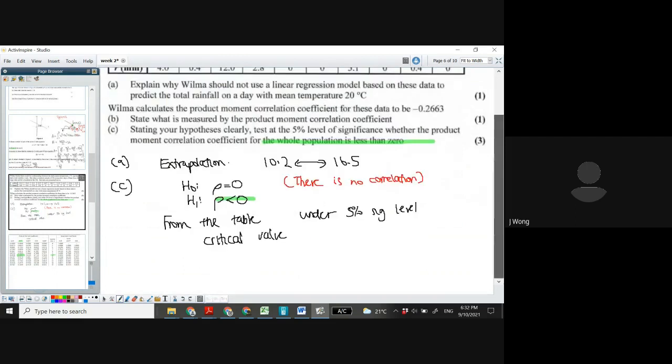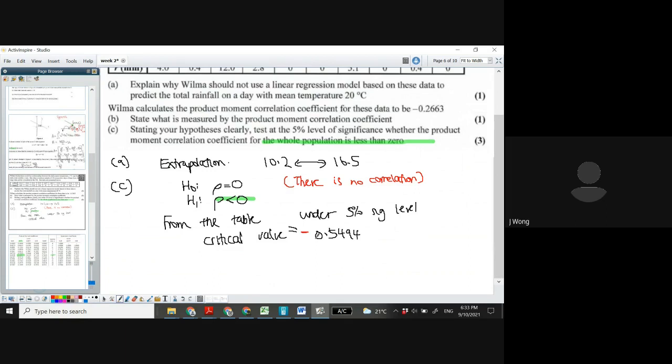And since we're testing for negative PMCC, because anything less than 0 is going to be negative, that's why the critical value is negative 0.5494.